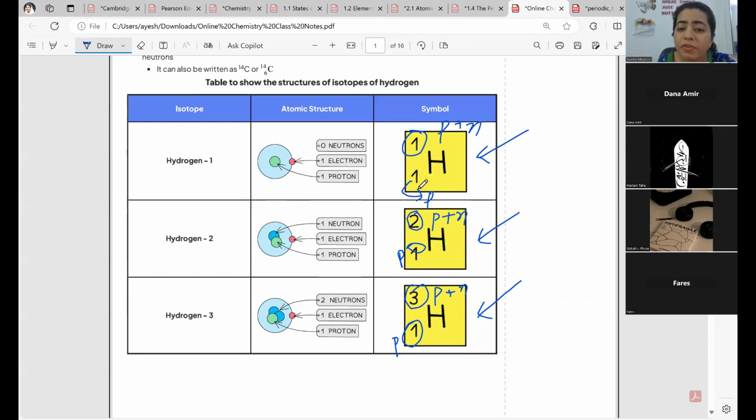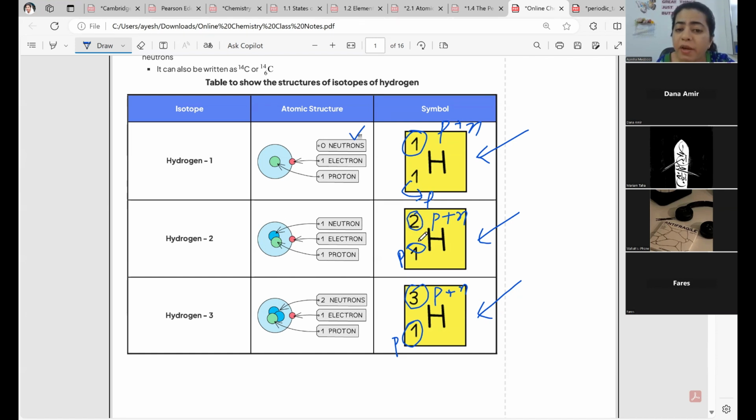If we subtract these two numbers, as we said, the mass number minus the atomic number gives us the number of neutrons. You agree with this point? So here, 1 minus 1 gives you 0 neutrons. In this first form of hydrogen, we have one proton, one electron, but 0 neutrons.